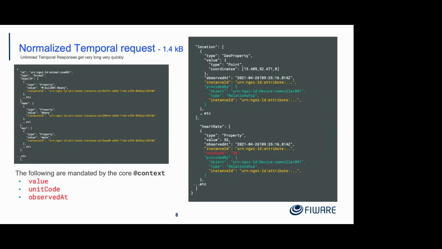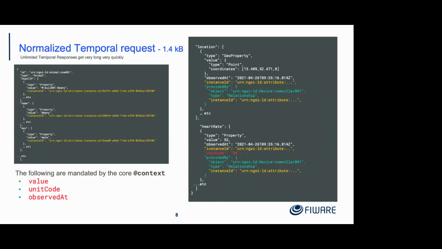Now, you've noticed on screen that every single value I've got in there has got an instance ID. This is mandated by the NGSI-LD specification because the idea here is to allow people to delete individual readings if necessary.